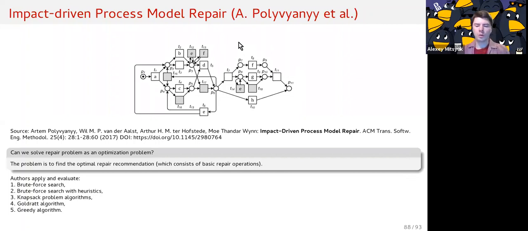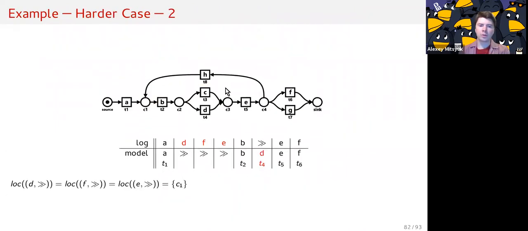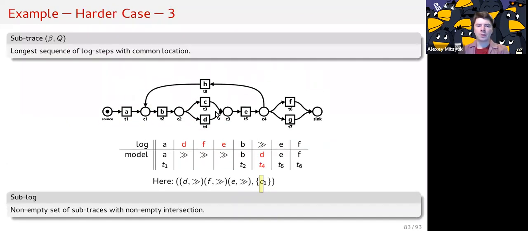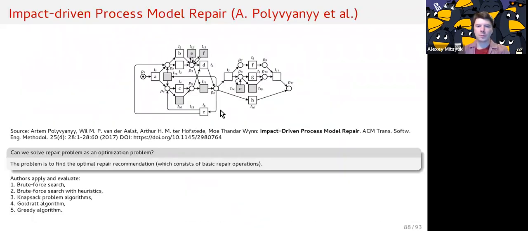They considered basic repair operations like adding a transition with a needed label or adding a tau transition, and they considered repair as an optimization problem.